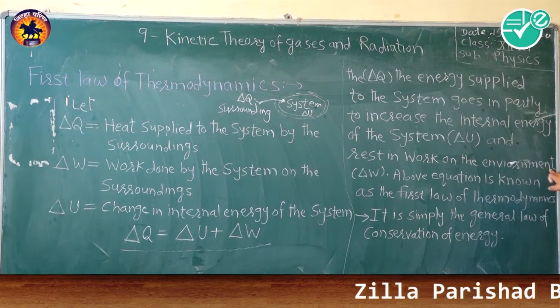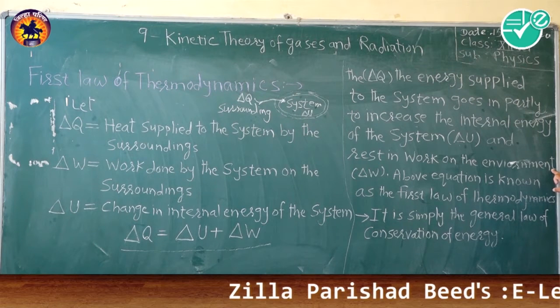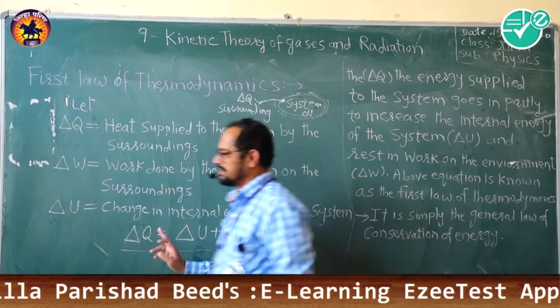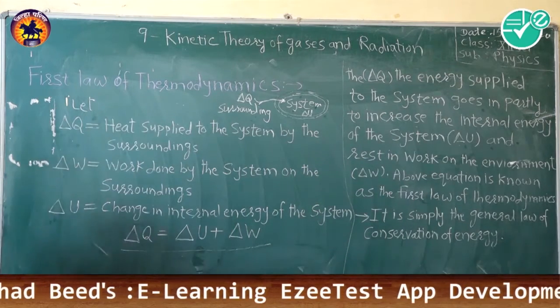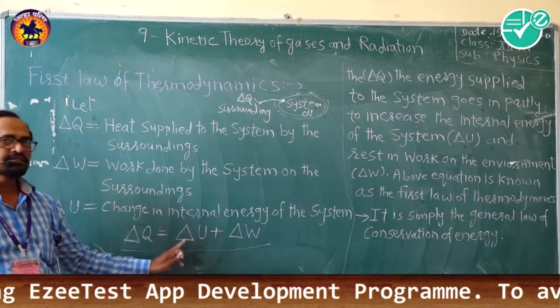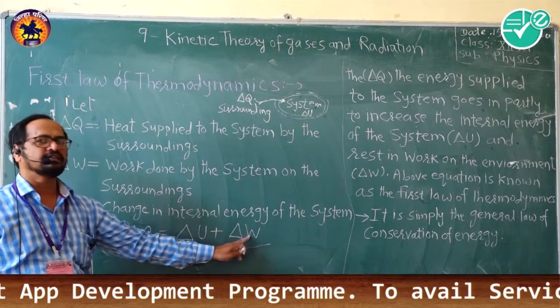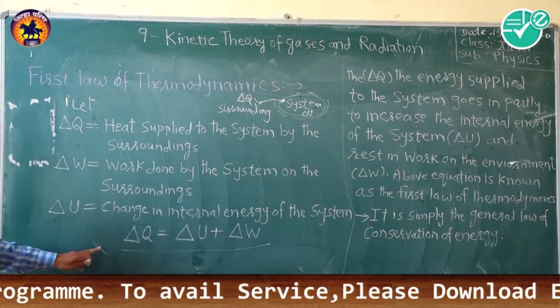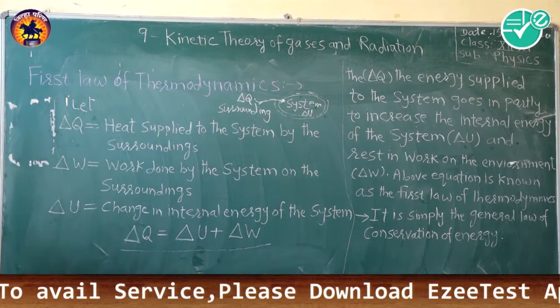The total heat is delta Q, and that heat is equal to the internal energy plus the work done by the system, and this is called the first law of thermodynamics.